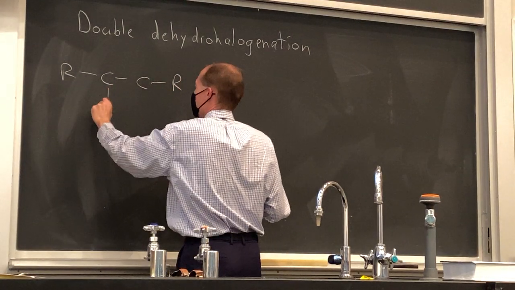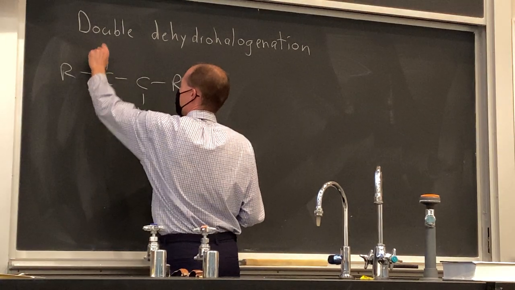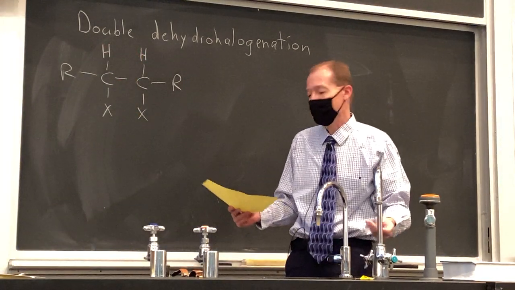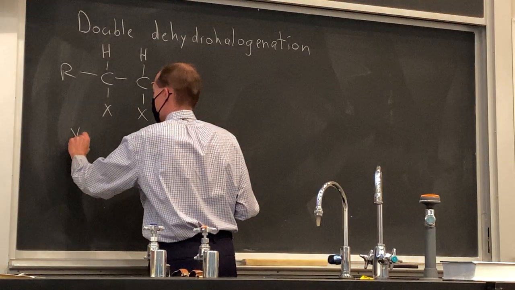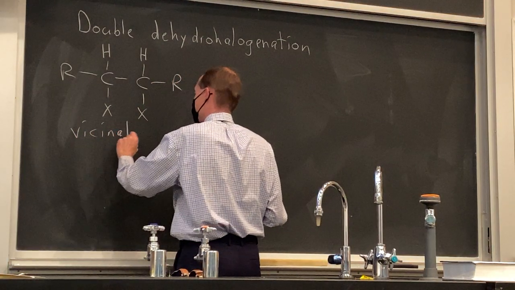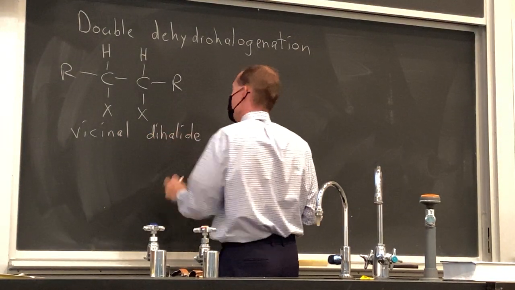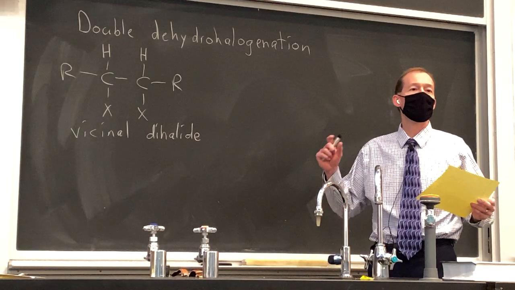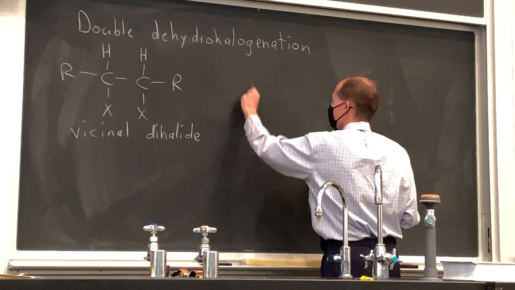We could have our halides on adjacent carbons and have each of those carbons contain a hydrogen. And that would be referred to as a vicinal dihalide. The term vicinal means adjacent. So a vicinal dihalide has those halides on adjacent carbons.